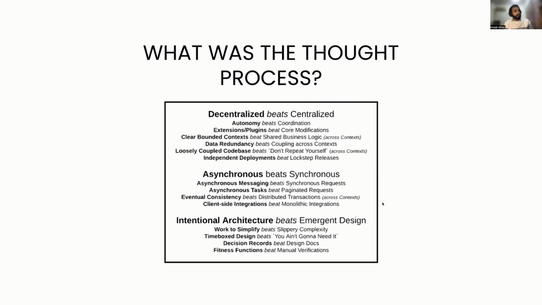And we came up with three fundamental ideas. First is decentralized beats centralized. We decided that we are not going to focus on monolith architectures anymore. We're going to focus on micro frontends and microservices. We're going to divide everything and keep every team secluded to increase collaboration rather than competition amongst the workers.